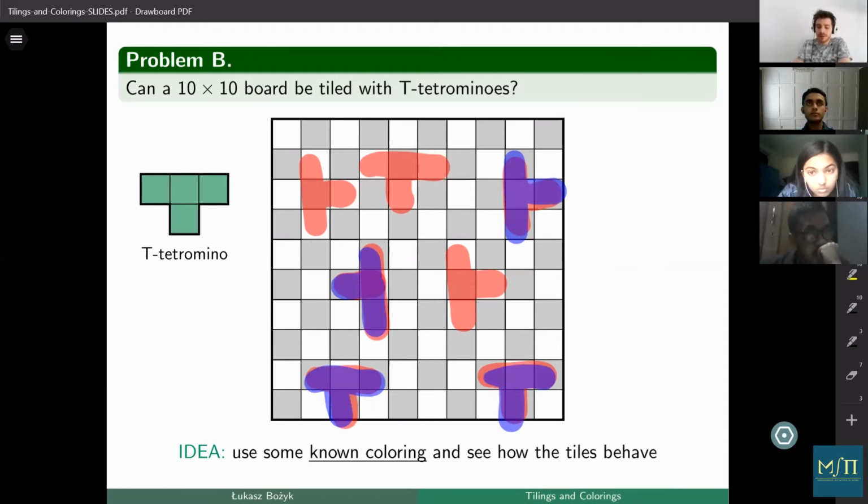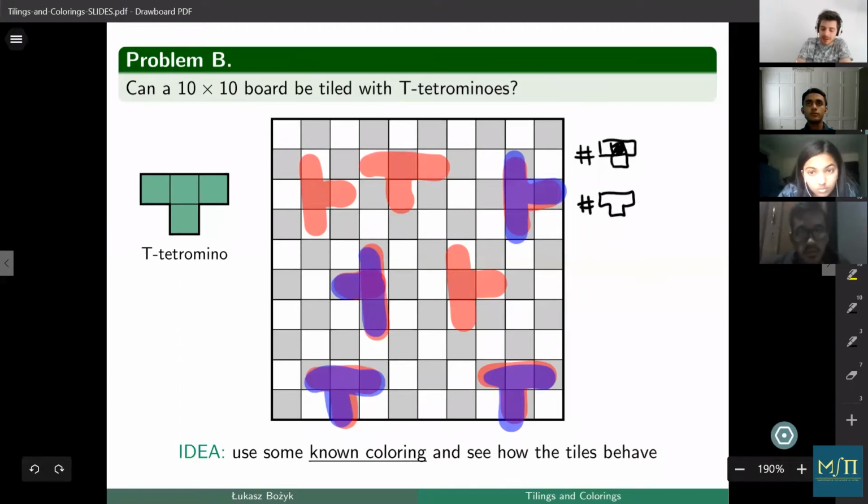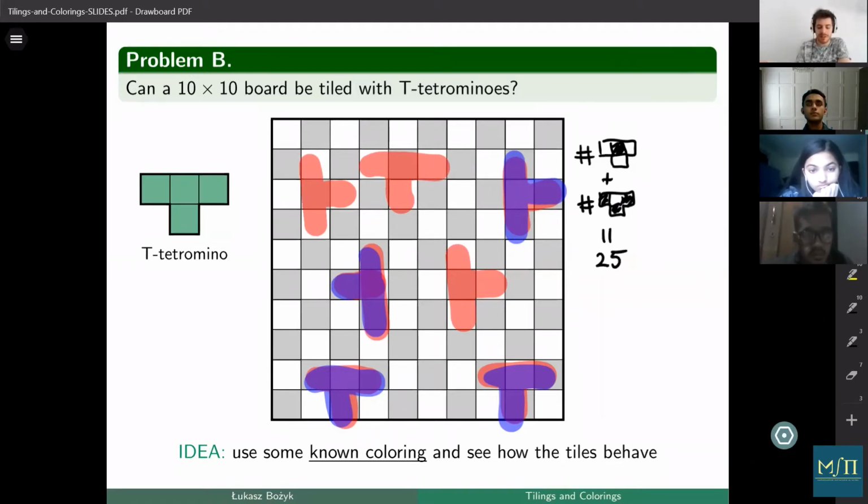Having observed this, we may have a look at the numbers of tiles of each kind. For example, the number of tiles dominated by white color and the number of tiles dominated by black color, and see if we can write an equation or compare them to something. So for instance, we know that the total number of such tiles, if we had a tiling of our 10 by 10 chessboard, should be 25, right?